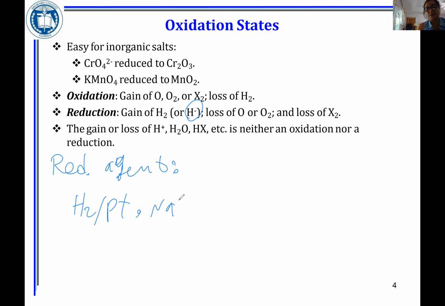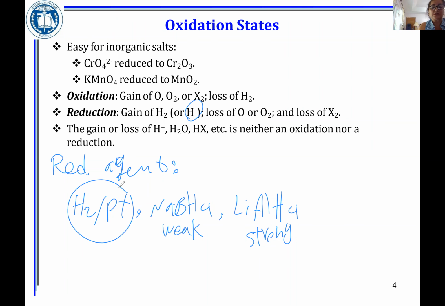Sodium borohydride is a weak reducing agent. What else? Lithium aluminum hydride, a strong reducing agent. This is strong and that's weak. H2 with a metal is also strong, but it works on the unsaturated carbon or hydrocarbons.